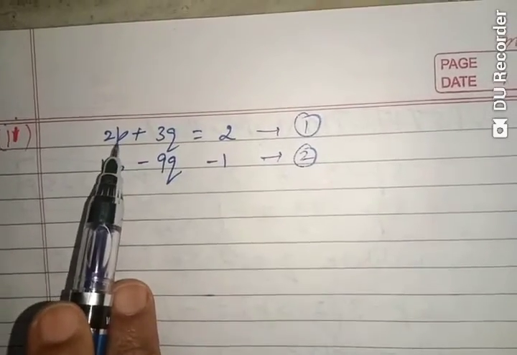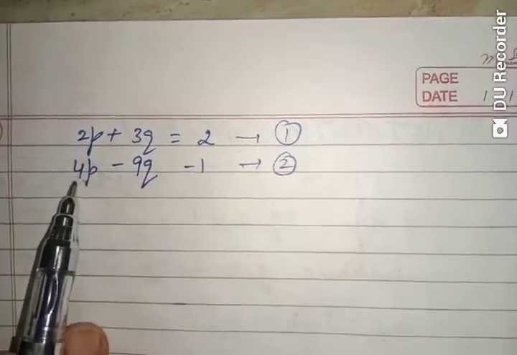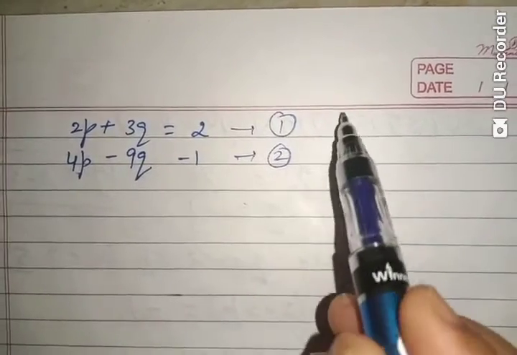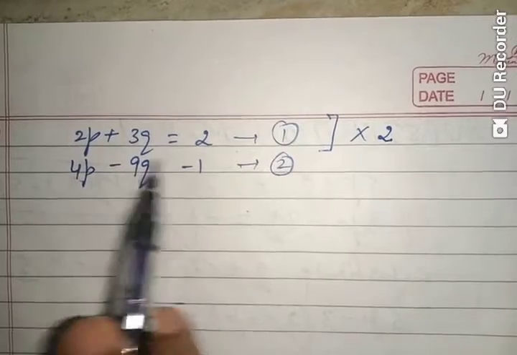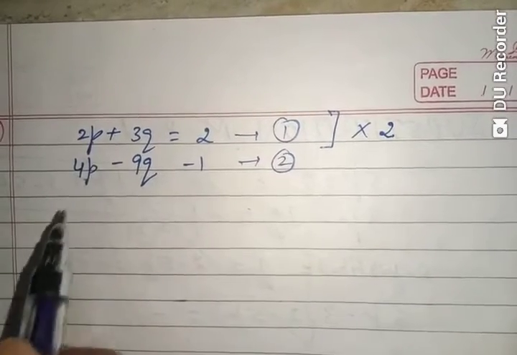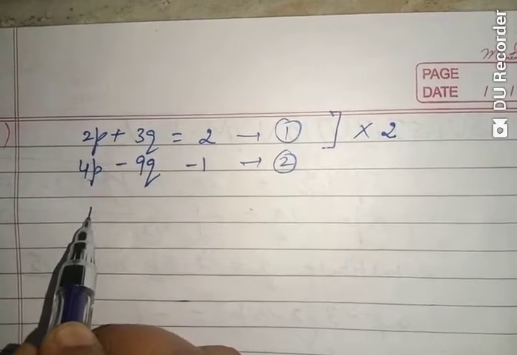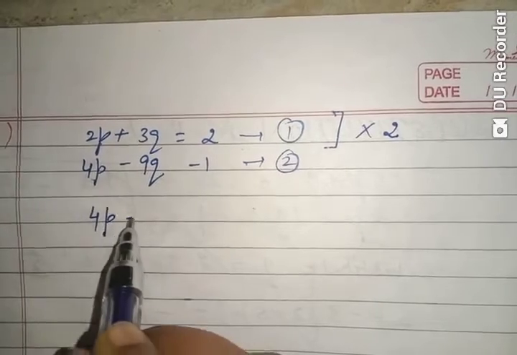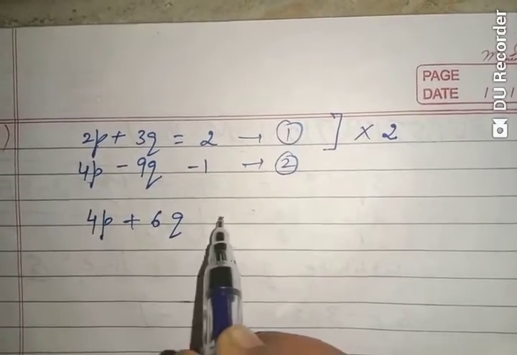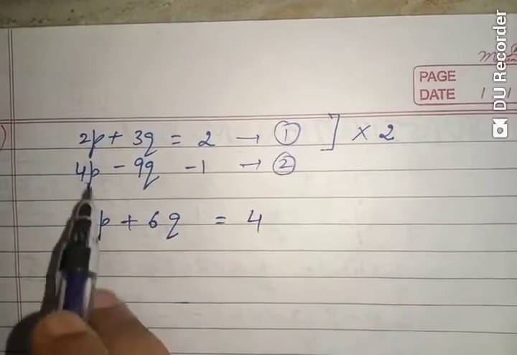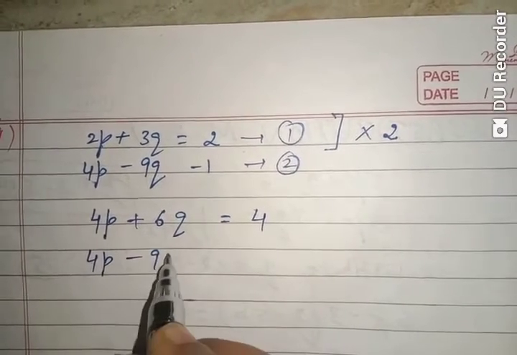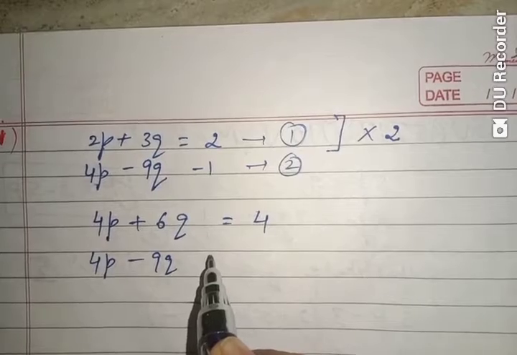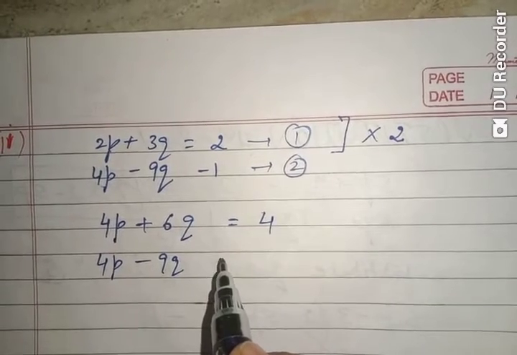The coefficient of p here is 2 and the coefficient of p here is 4. If I multiply this equation by 2, the coefficient of p will become 4. So multiplying the first equation by 2, I will get 4p plus 6q is equal to 4, and the second equation will remain as it is, 4p minus 9q is equal to minus 1.